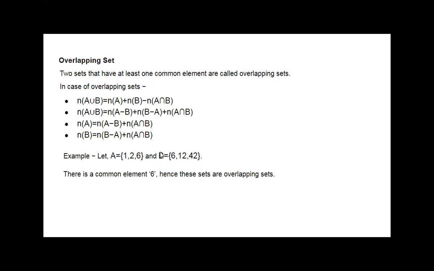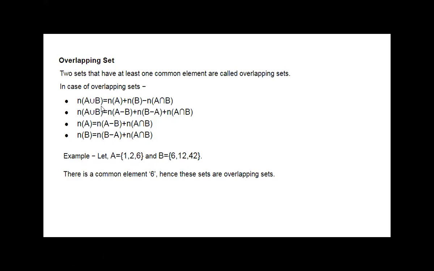So A and B are called overlapping sets. There is a common element 6, hence these are overlapping sets. Getting?